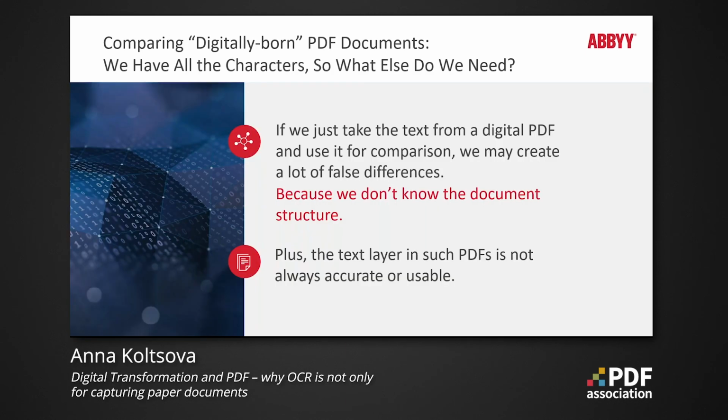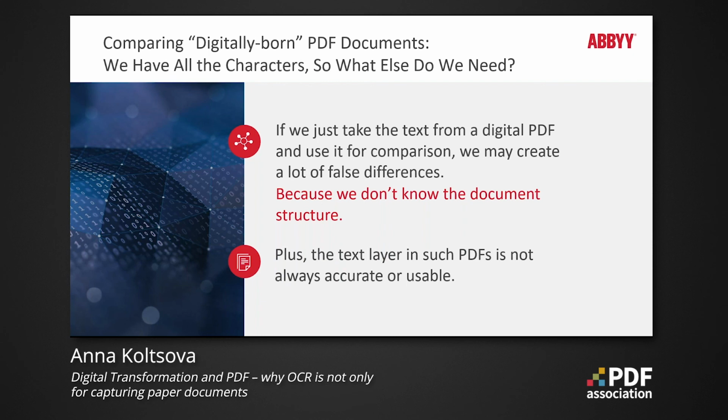So if we just take the text from a digital PDF and use it for comparison, we risk creating a lot of false differences because we didn't and couldn't take into consideration the document structure and understand that the text may flow from page to page differently, may be broken down by headers and footers, which do not belong to the main text, and so on.